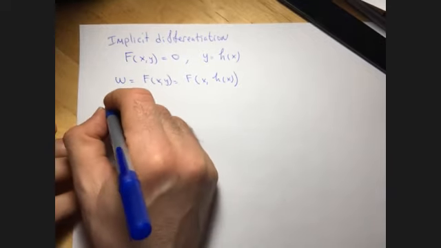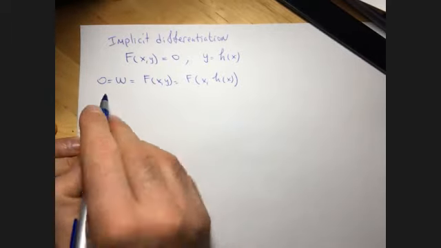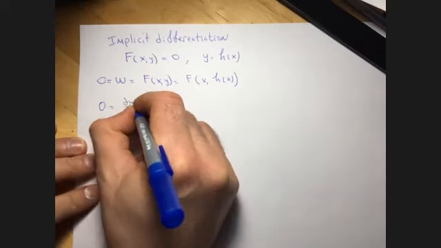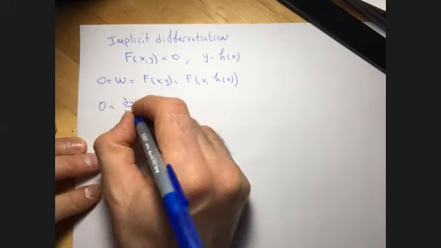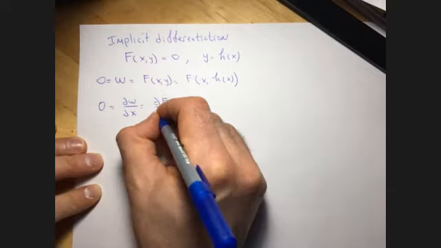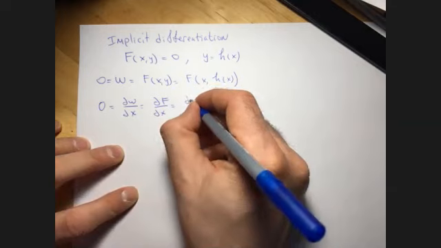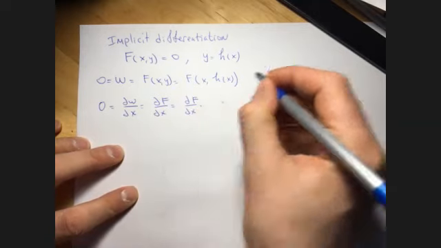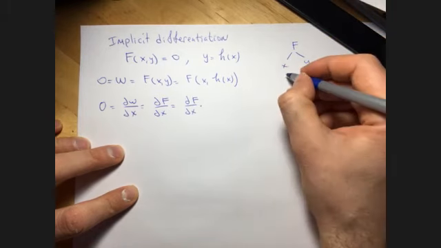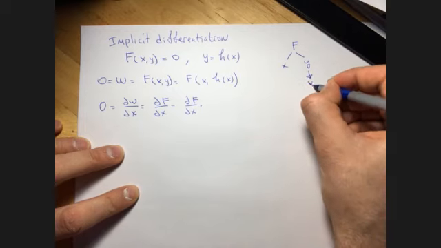And this, as we said, is equal to 0. So 0, the derivative of 0 is 0, is equal to partial w partial x, right? Where w is capital F. But for this one, we have to use the chain rule. So I have partial f partial x times, so this function f depends on x and y, right? And this one stops here, and this one is defined in terms of x.